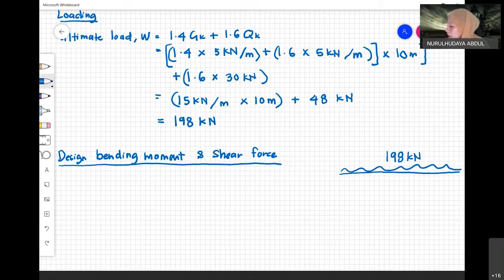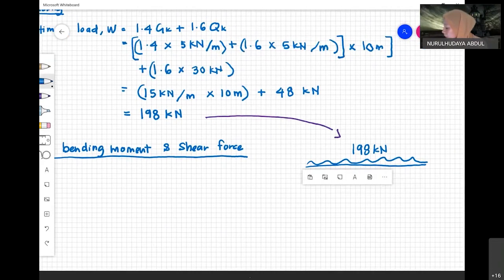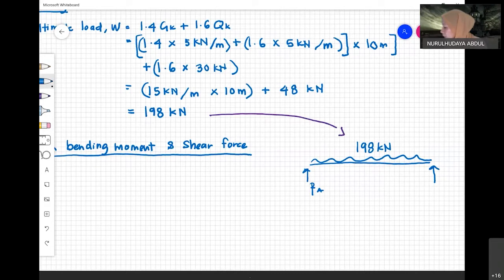Loading yang kita kira kat atas ni, ultimate load ni, this is the total of 198 kilonewton ni, which means that the RA and RB going to be symmetry. Therefore balance lah. Of course reaction ni must be in equilibrium with the loading yang applied on top of the beam, because of the equilibrium yang kita belajar sebelum ni.